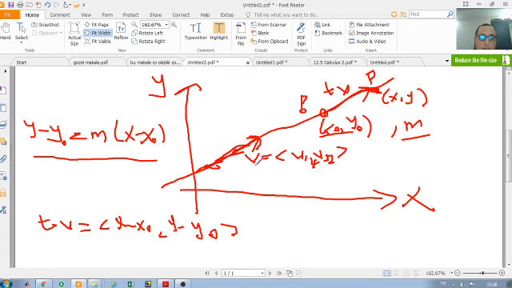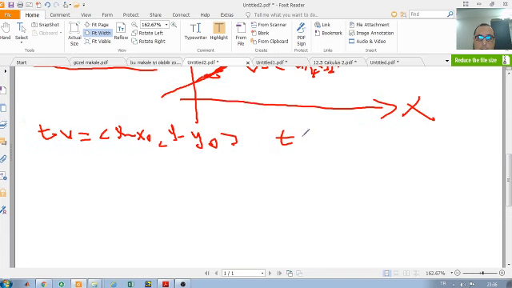We know v has the components v1, v2, and the components are equal to each other respectively when we have vector equality. Therefore we have t times v1 is equal to x minus x0, and t times v2 is equal to y minus y0.